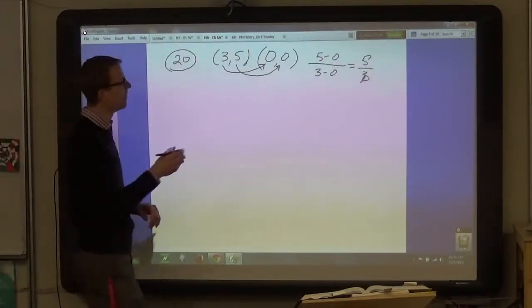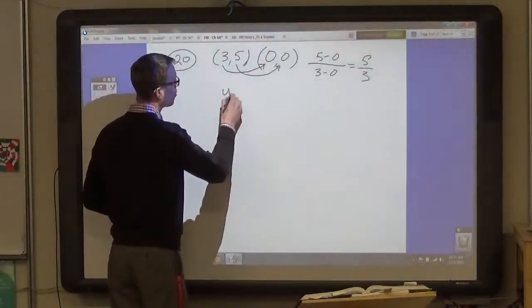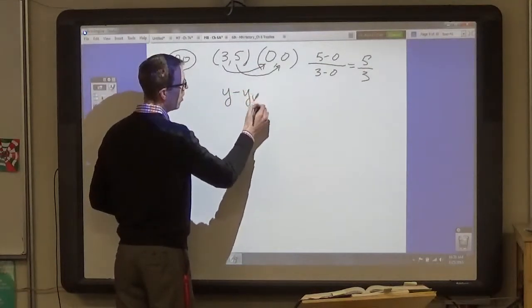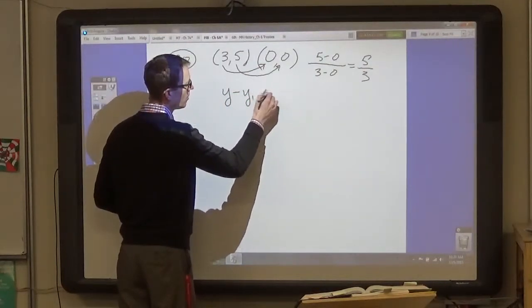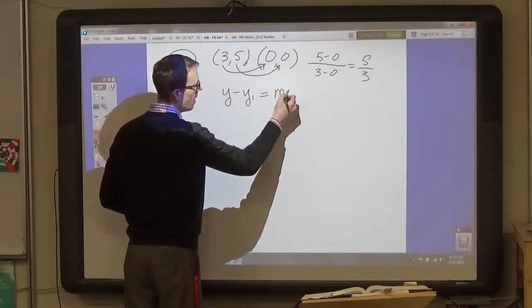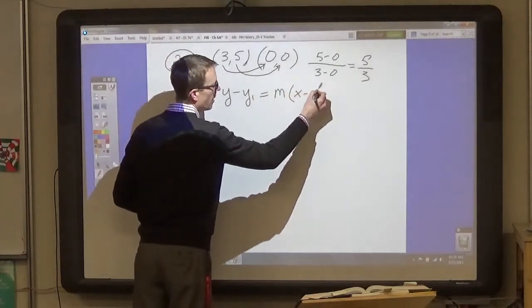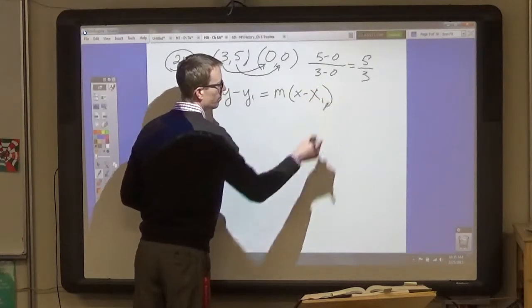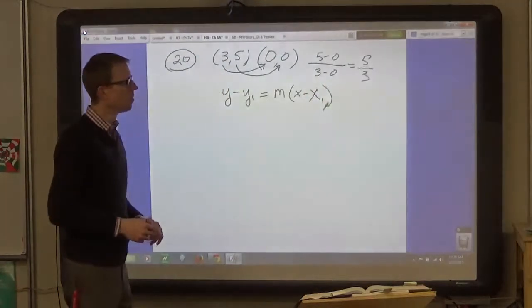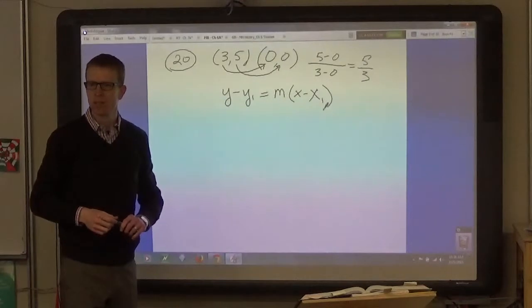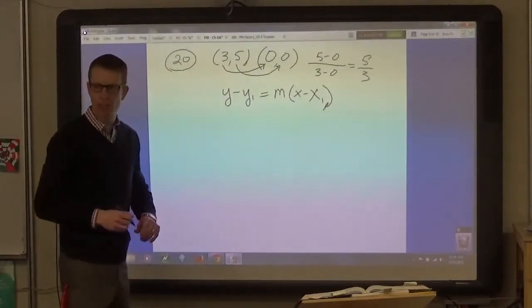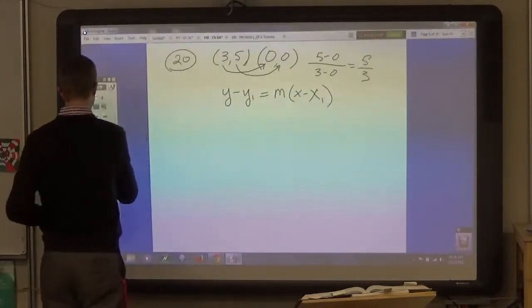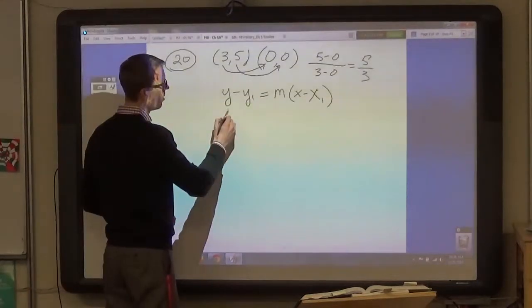Yeah, good. Now we're going to use y minus y1 equals m times x minus x1. What's m? The slope, which is 5 over 3. So now we're going to put the numbers in.